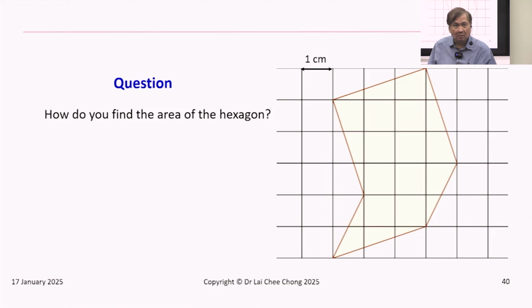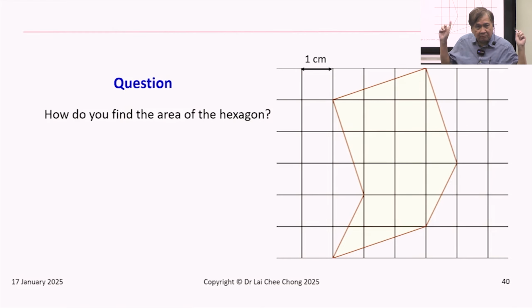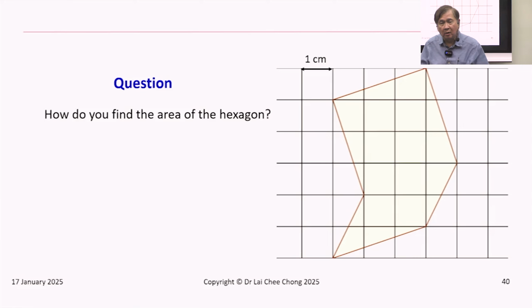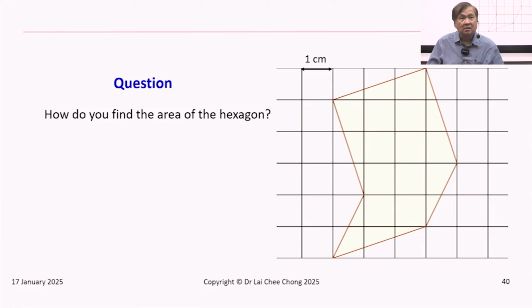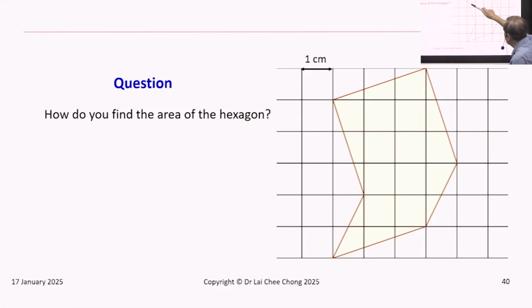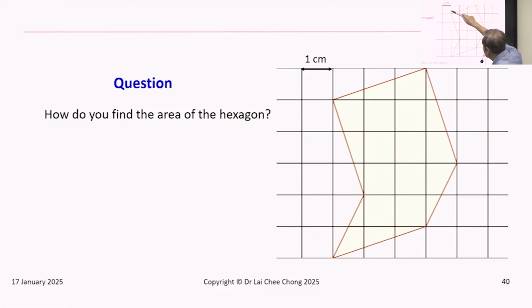Now, you must look at this question in a different way. Do you see that this polygon is actually sitting inside a rectangle? Yes. You see the rectangle here? Am I right?